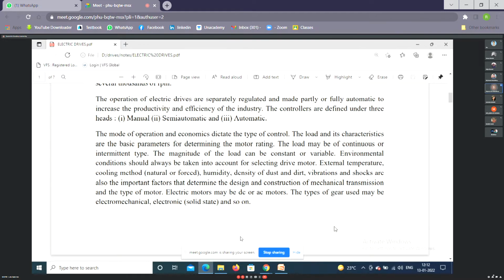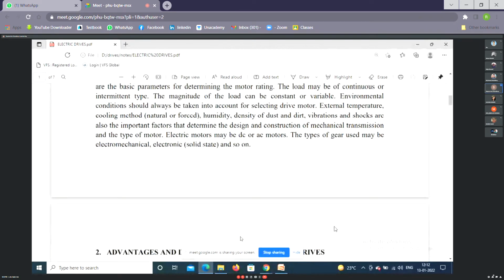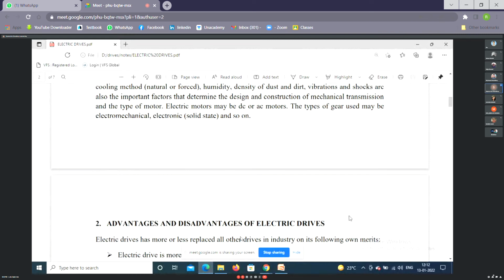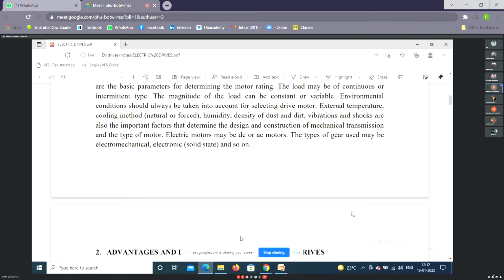And nowadays, all supply systems include power electronic devices. When power electronics was not that well developed, mainly DC motors were used, because the control of a DC motor is very simple and effective.